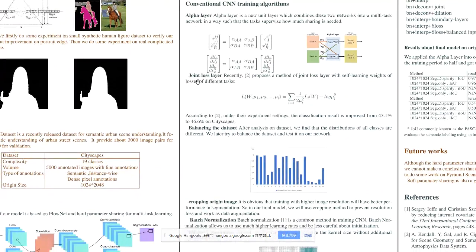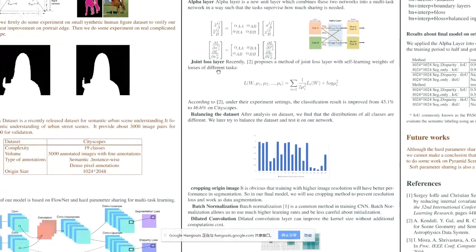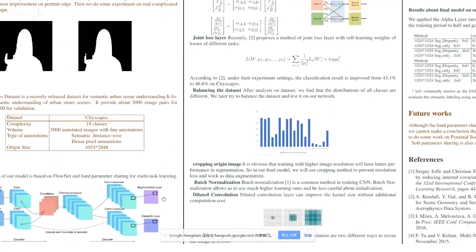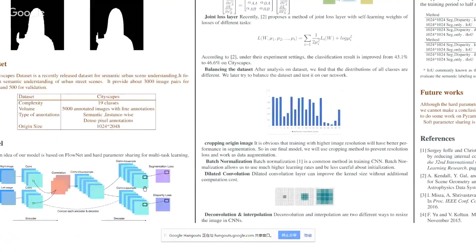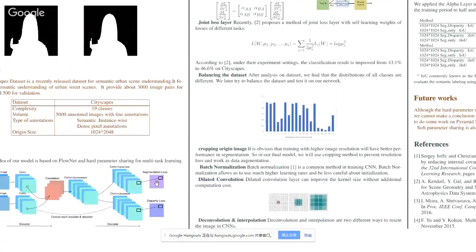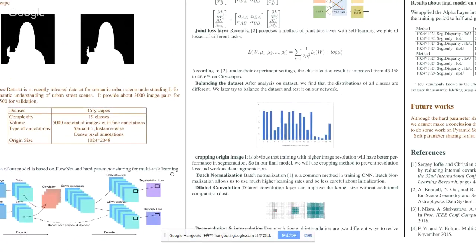Second is the joint loss layer. In our network we have two losses: one is the segmentation loss, and the other is the disparity loss. Some researchers think that we can not only handle them separately but also combine the two losses together.